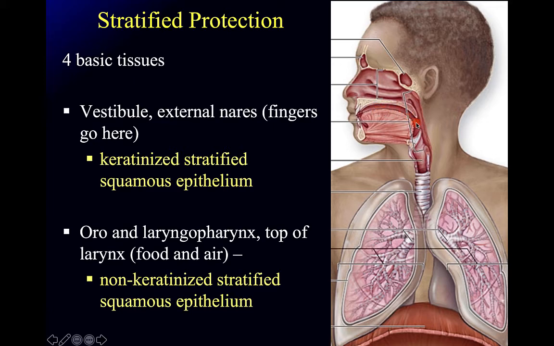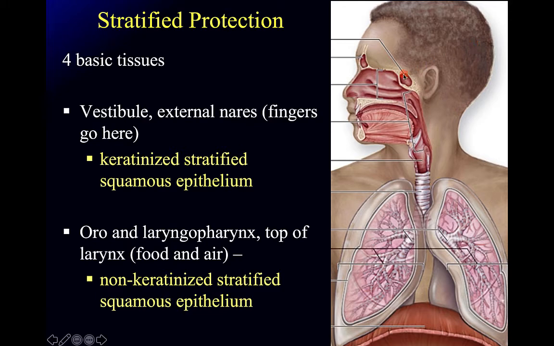And as we deliver that food back here, we need an area of our throat that still is going to protect us from the food that we're eating as we pass that down to our esophagus, which is down here back behind our larynx and trachea. So that area is a protective, stratified area, but it's deep inside, so it's going to be moist and it's not going to be the keratinized form. It's just the stratified squamous epithelium that is non-keratinized.